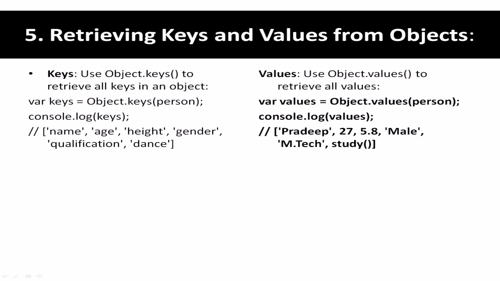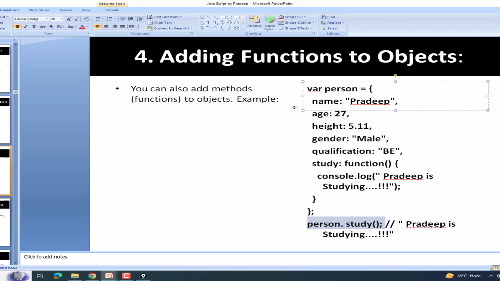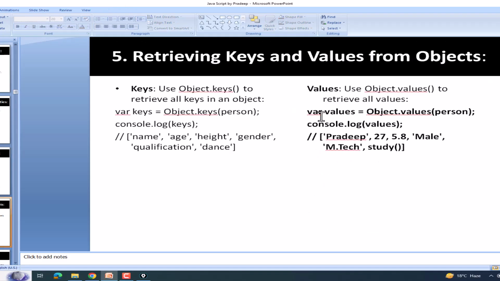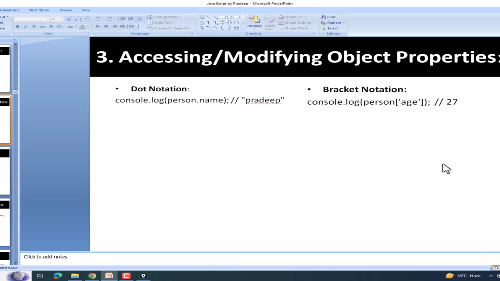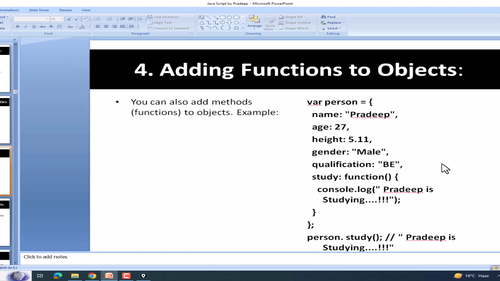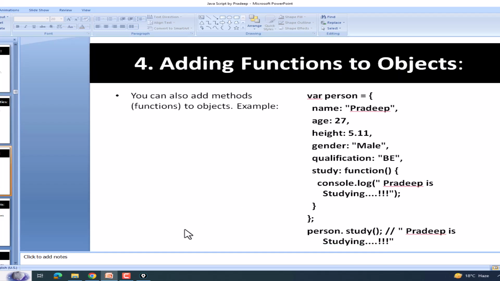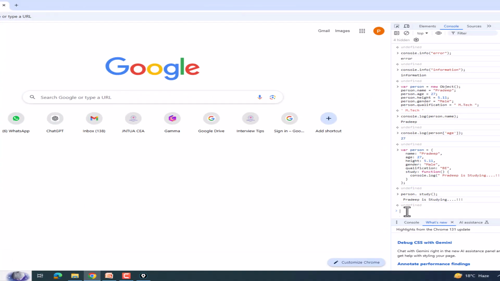Now if you look at this program, here I am going to declare the values of the person: Object.values of the particular person. Previously what we have given, person.study, now I am going to paste. So instead of object, Object.values of person.